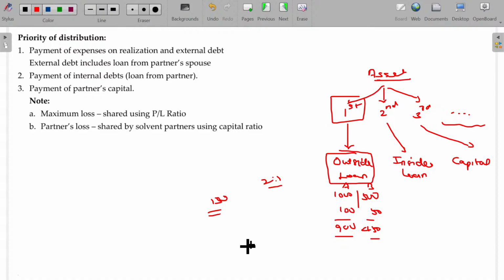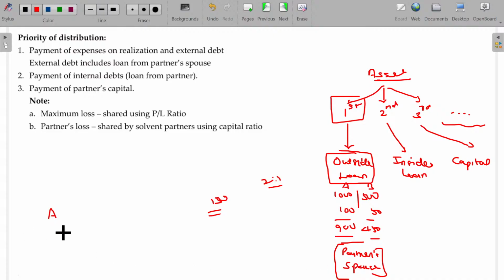One more point to be noted here is that a partner's spouse loan is also an outsider's loan. Is that okay? Partner's spouse loan. But a partner's loan will be an insider's loan.